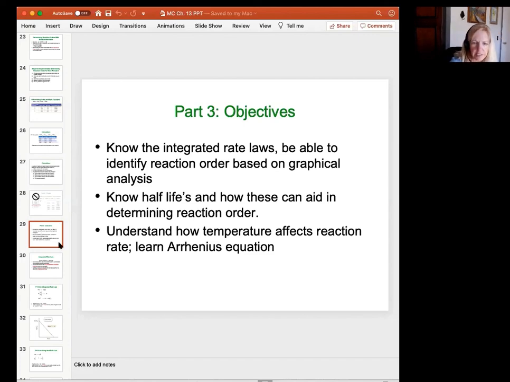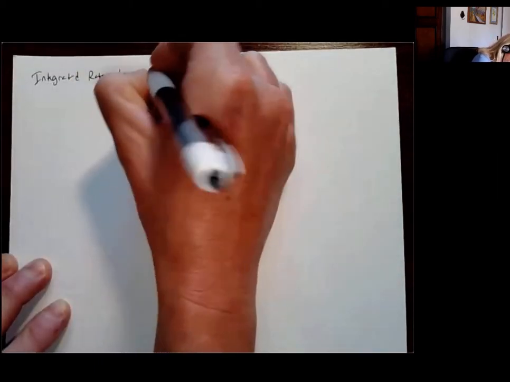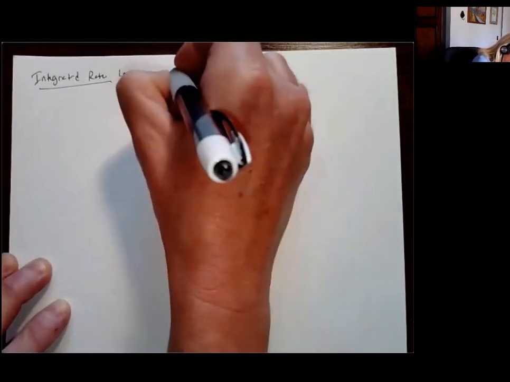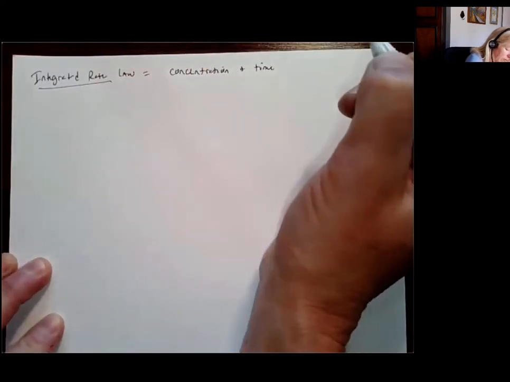So if we look at the integrated rate laws, I'm just going to go through this mathematical process with first order. My integrated rate laws are going to factor in concentration and time. So I'm going to integrate these 2 components together.